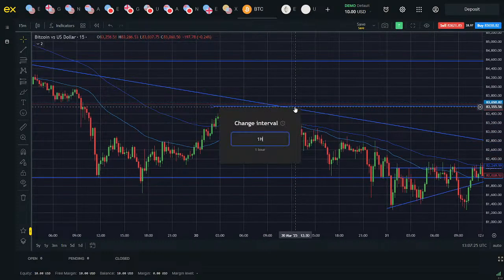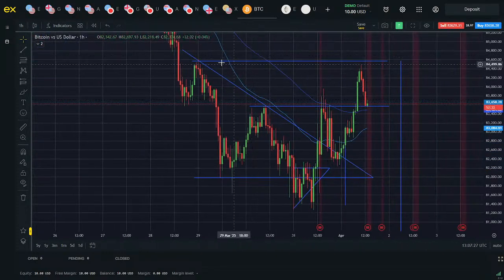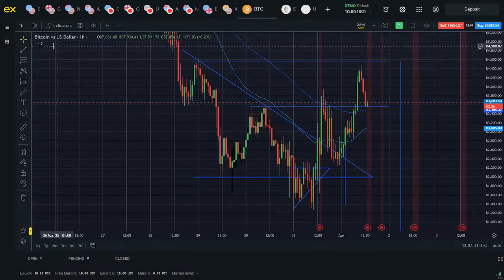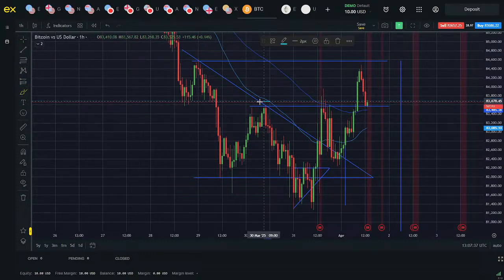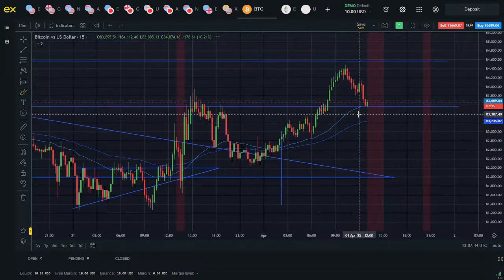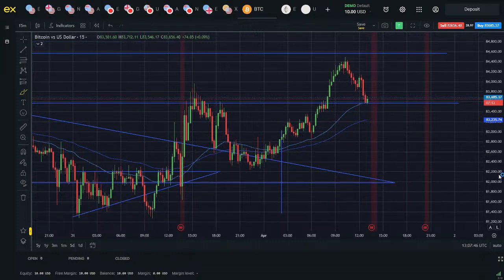This was the first high of the triangle, this was the second high, and the market has come down to this second high of this descending triangle and taken a support over here. Let's see how the market works.